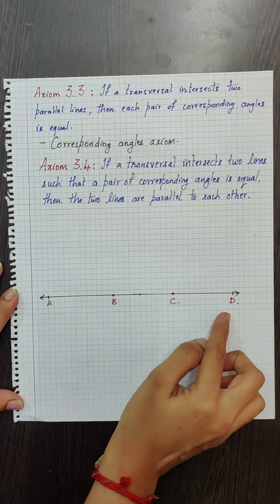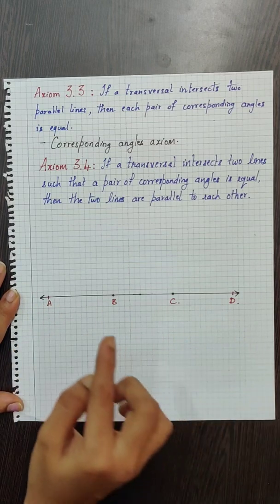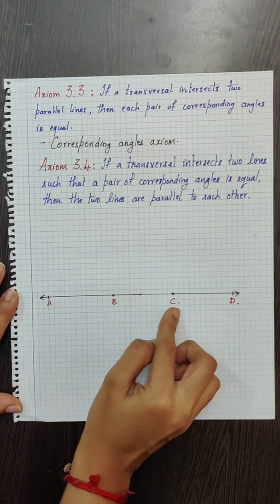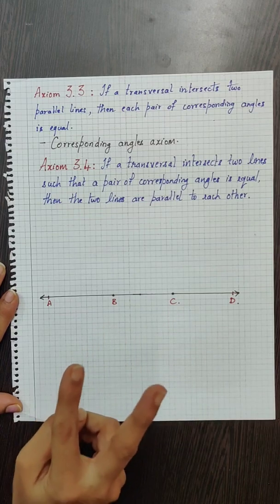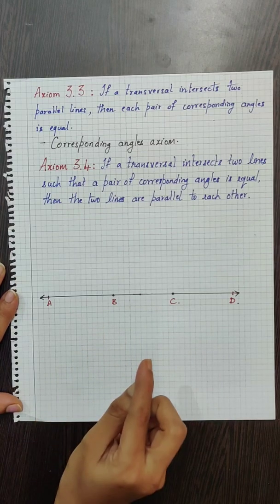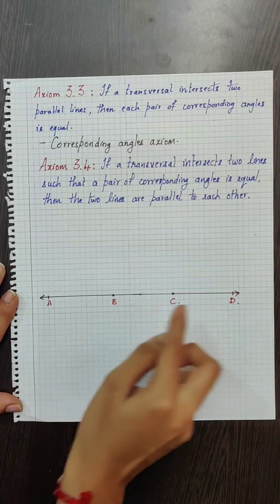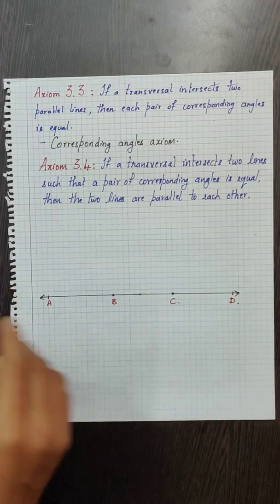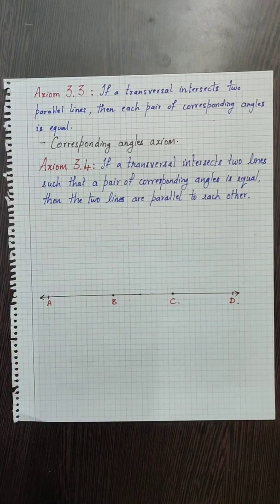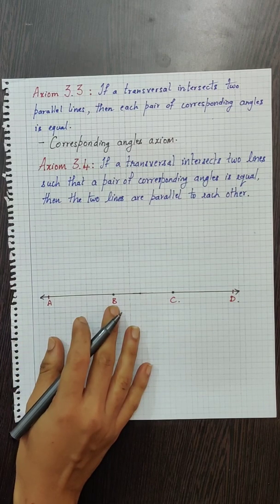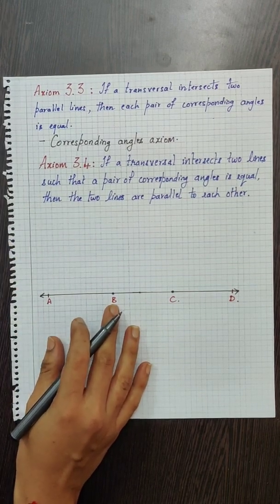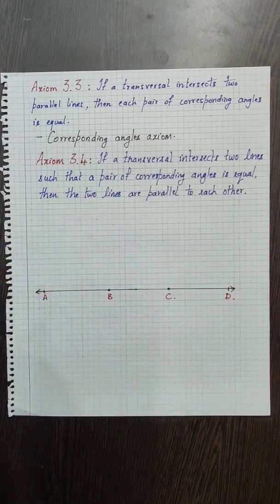Draw a line AD and mark two points B and C. Now I want to draw two rays QB and SC such that the angles they form are equal. So let me do that. First I'll mark the angle.